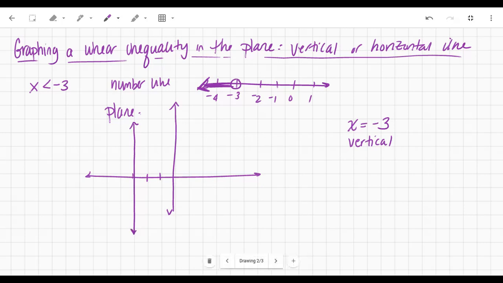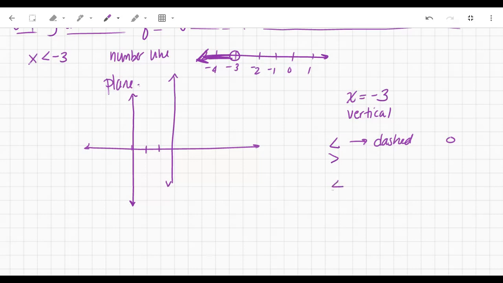Now, the thing is that the less than symbol, if you might remember, that's a dashed line. If we have less than or greater than, it's like having an open circle. If we have less than or equal to, we would do a solid line. It's like having a filled in circle.